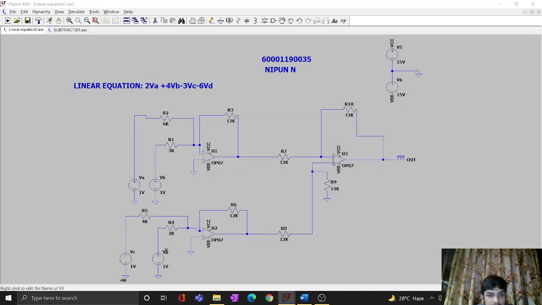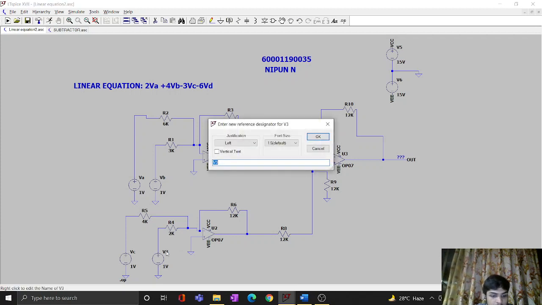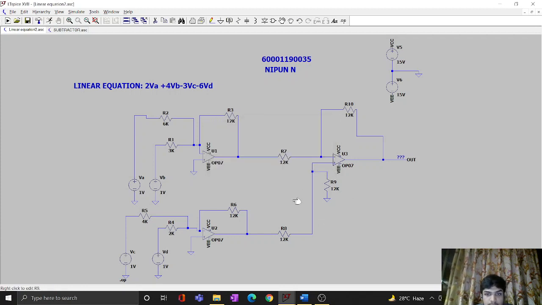This voltage will be VD. I've set the resistance values accordingly, so that we get the 2 and 4 here and 3 and 6, and I've set the feedback loop resistance as 12k, and set accordingly for this too.